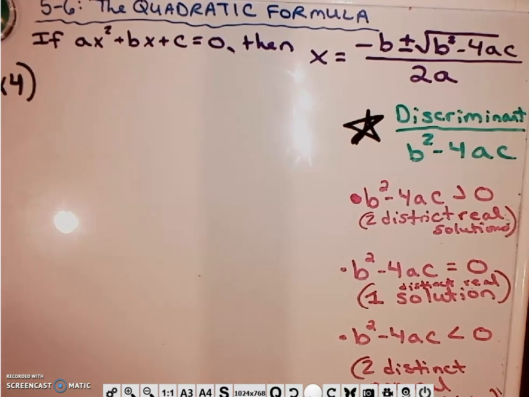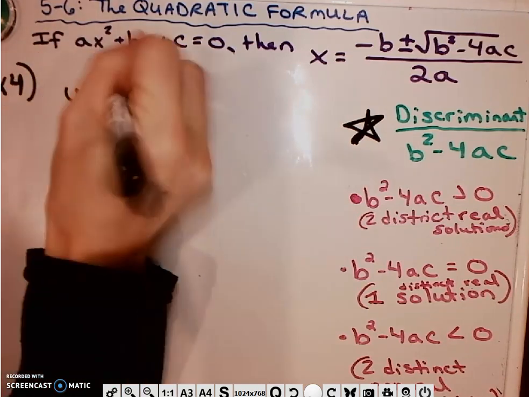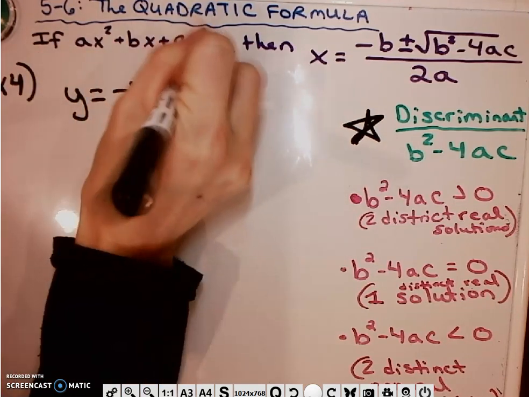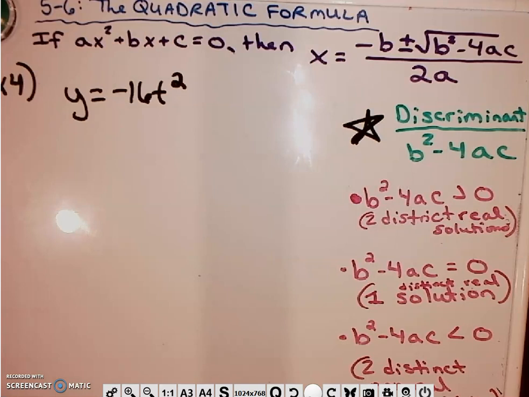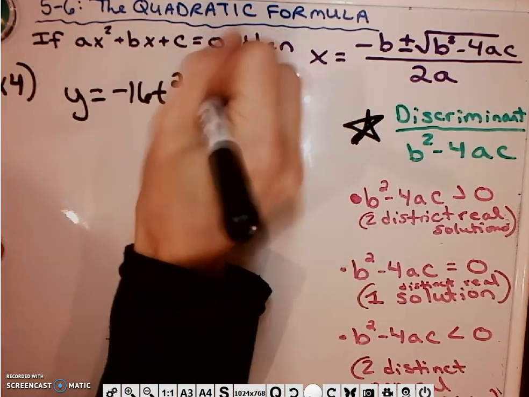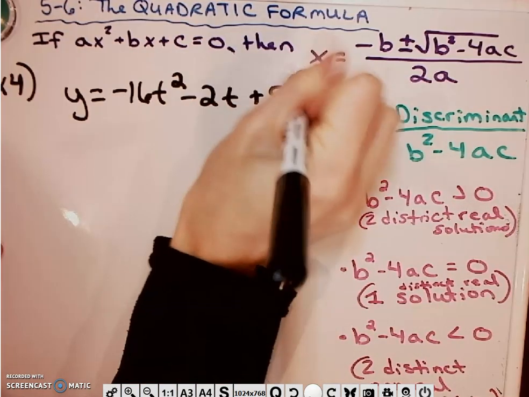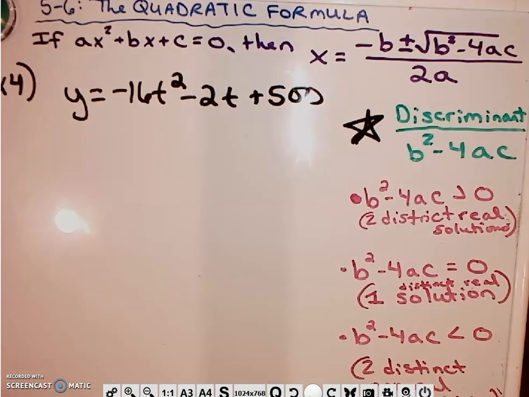Example 4 says, the pilot of a helicopter plans to release a bucket of water on a forest fire. The height, y, in feet of the water, t seconds after its release is modeled by y equals negative 16t squared minus 2t plus 500. This is right on page 359.